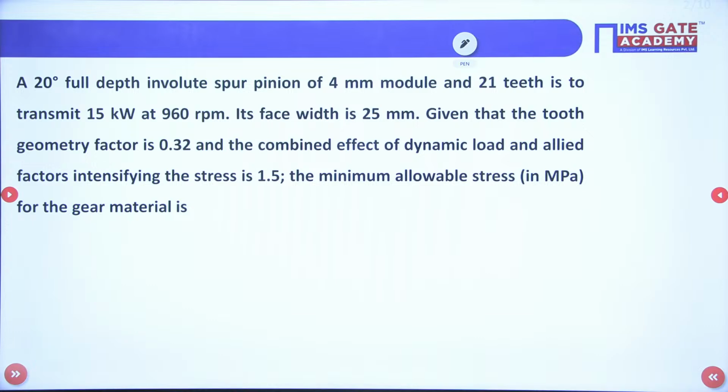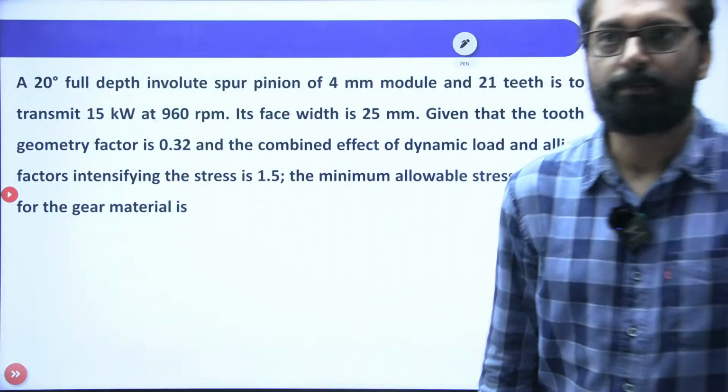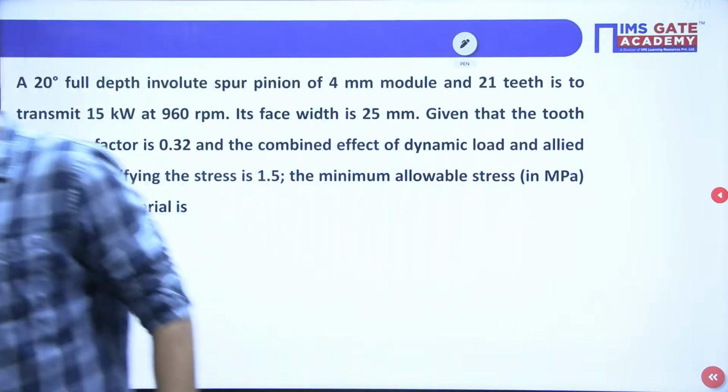Given that the tooth geometry factor is 0.32 and the combined effect of dynamic load and an allied factor intensifying the stress is 1.5. So it is nothing but a dynamic factor. The minimum allowable stress in megapascal of the gear material is? So we have to find the allowable stress.